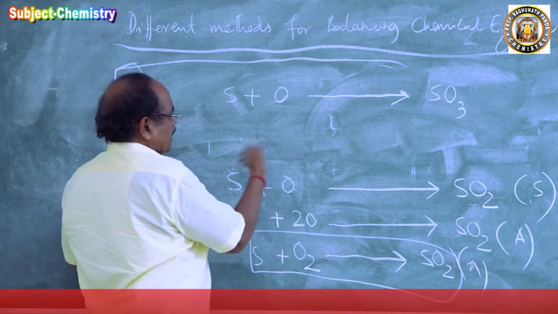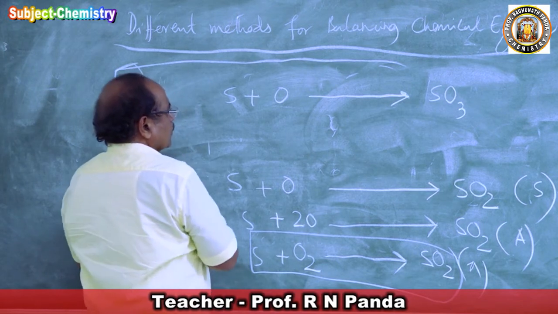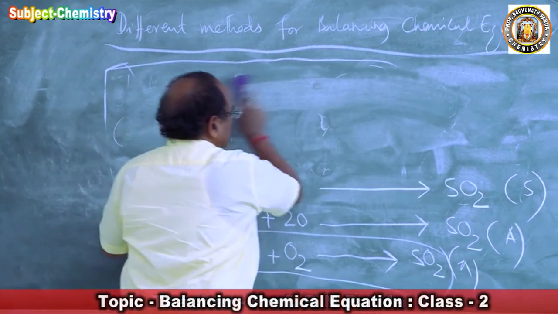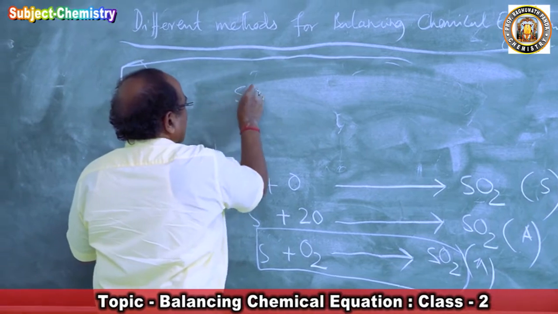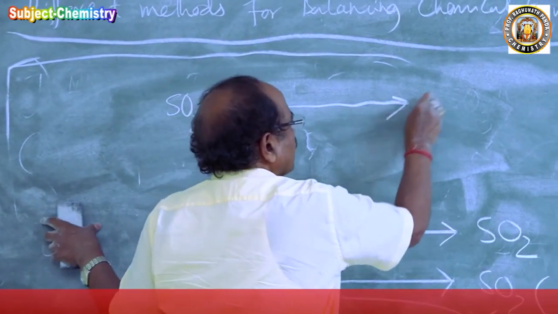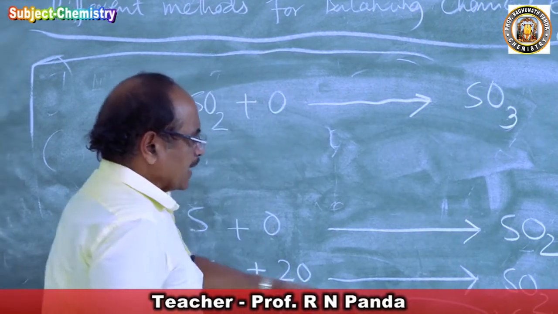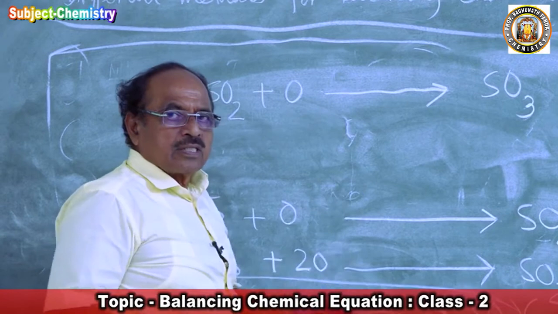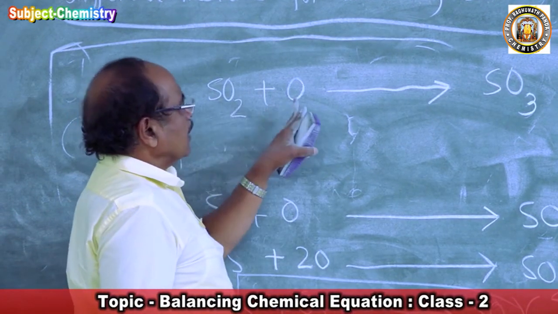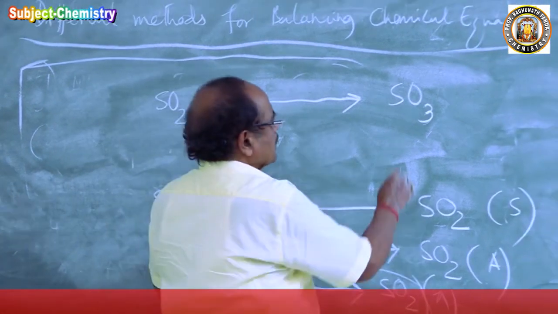This sulfur dioxide formed will again react with oxygen to form what? Sulfur trioxide. Again we are giving oxygen, and the same sulfur dioxide reacts with oxygen to form sulfur trioxide. This is our skeleton equation.